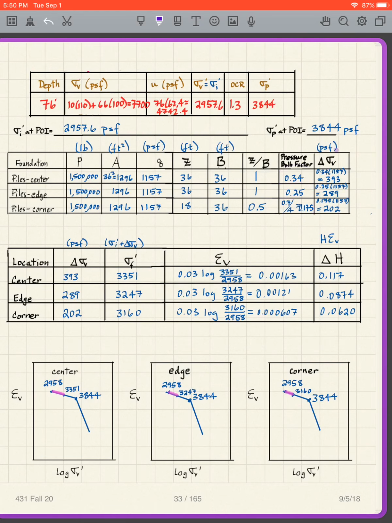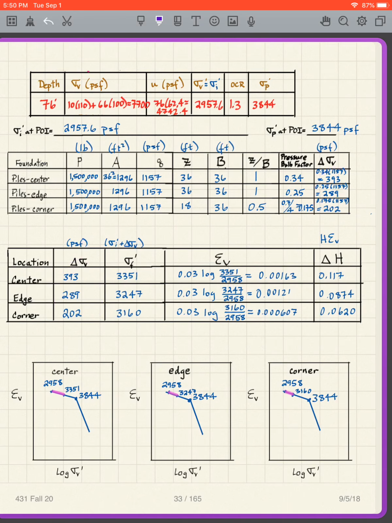So that our delta sigma V then becomes what? It's the pressure bulb factor times the Q. And so that gives us the delta sigma V. And then I'm just going to take these values and write them in this column.